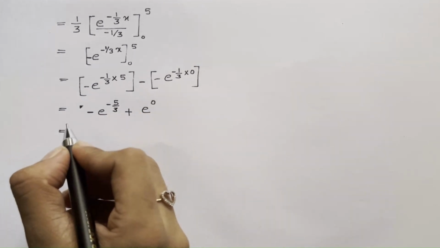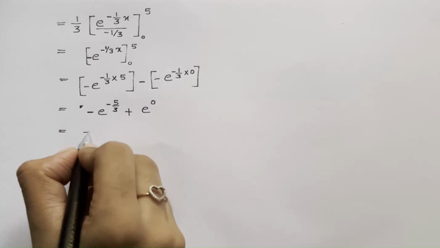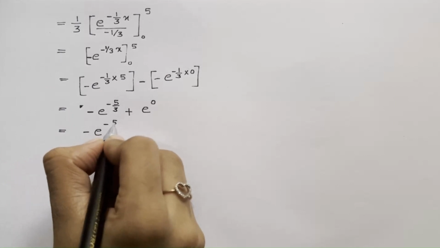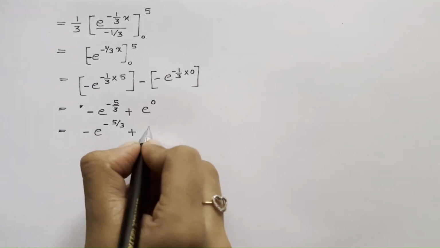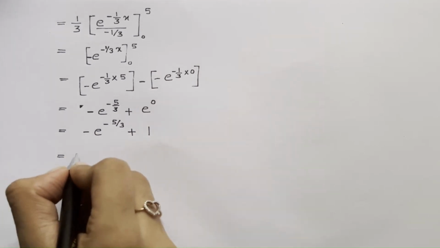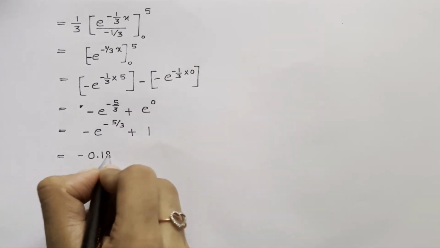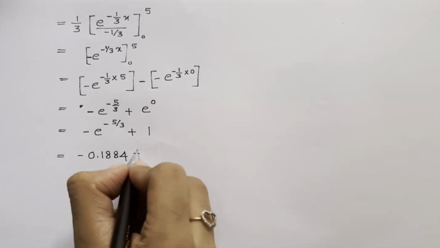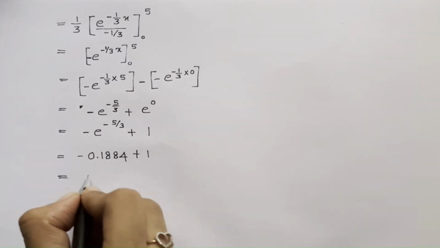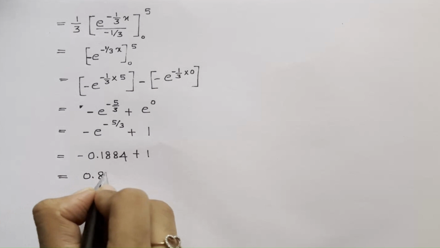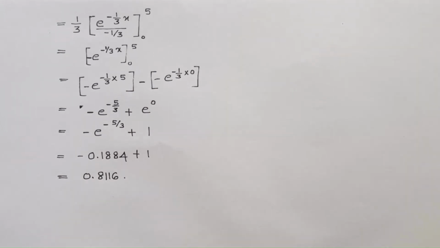That is minus e raised to minus 5 by 3 plus 1, equal to negative 0.1884 plus 1, equal to 0.8116. Therefore, the probability that the next customer will arrive within 5 minutes is 0.8116.